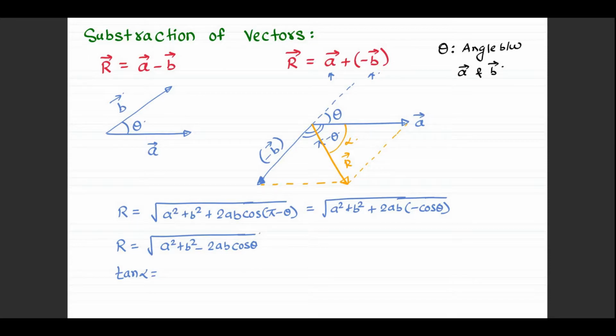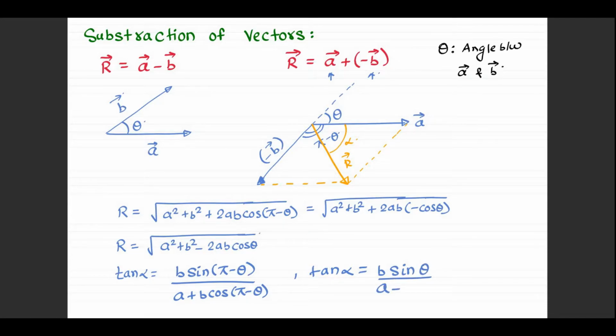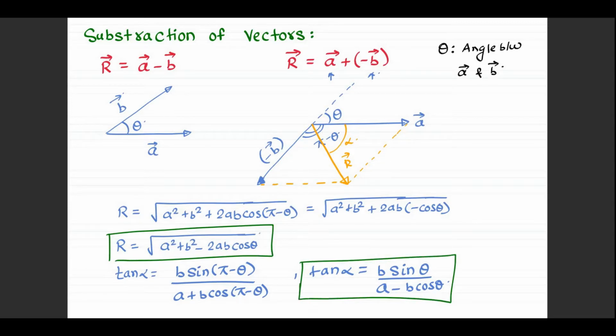So tan alpha then will be B sin pi minus theta divided by A plus B cos pi minus theta. So tan alpha then is B sin theta divided by A minus B cos theta. Two very important formulas. So these are the two important formulas for subtraction then.